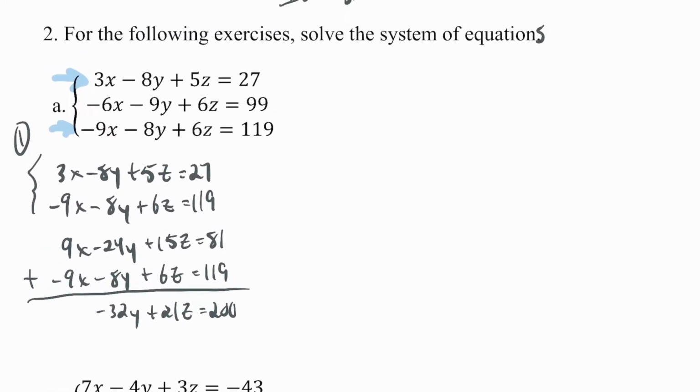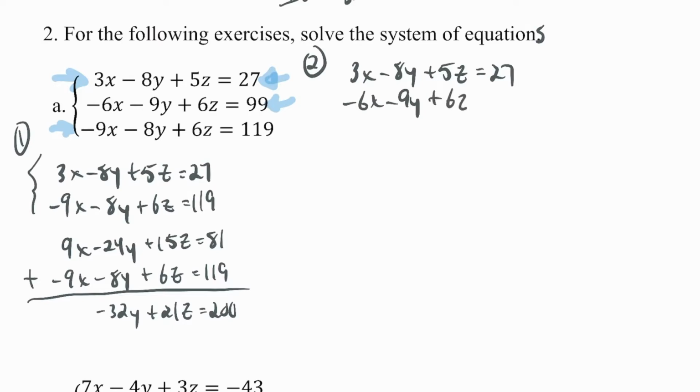Okay, step 2, I'm going to pick a different pair. I'm going to have to recycle one of them, which I'll recycle the top one, but then I will pair it with the middle one. So 3x minus 8y plus 5z equals 27, and then negative 6x minus 9y plus 6z equals 99.